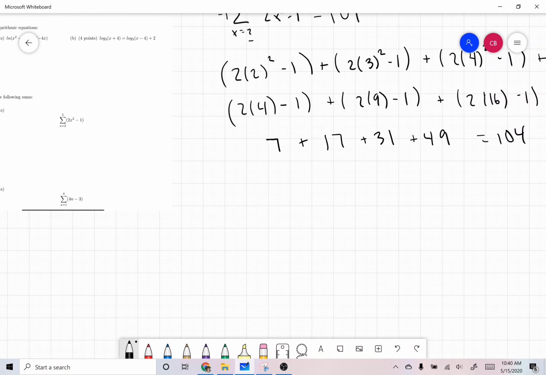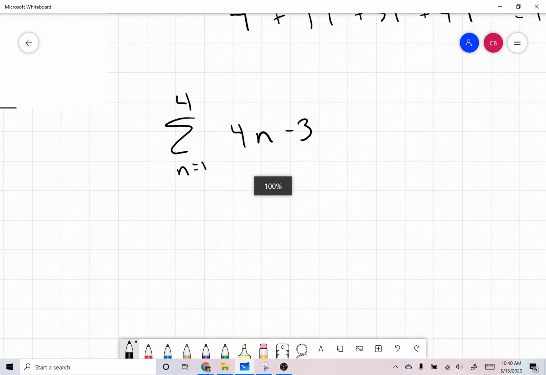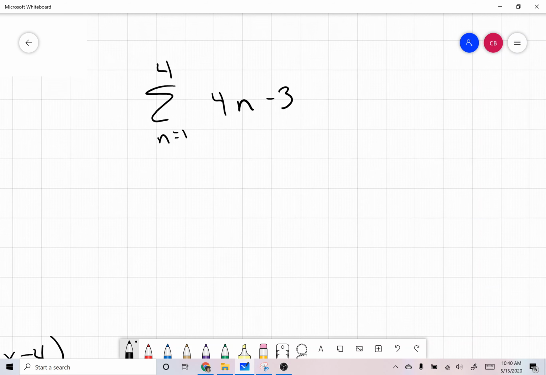Okay, and then the final one we have. I'm putting n because I used n here for n minus 3. Those should match. If they don't match, then you can't actually do it. Okay, so that means we have 4 times 1 minus 3. You can do it, it's just uninteresting.